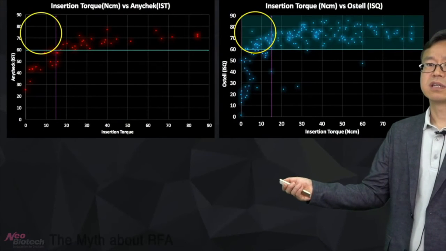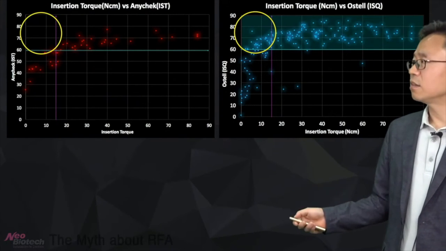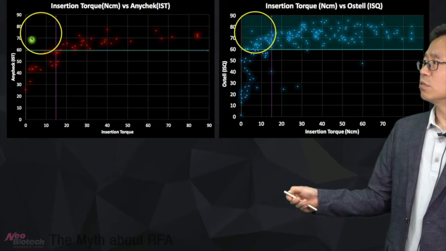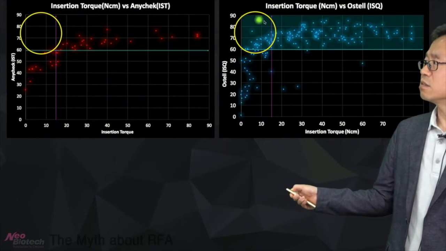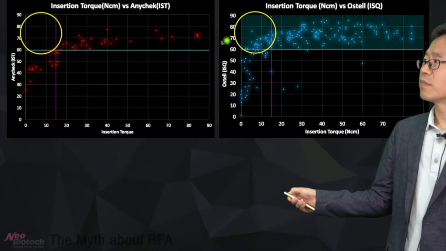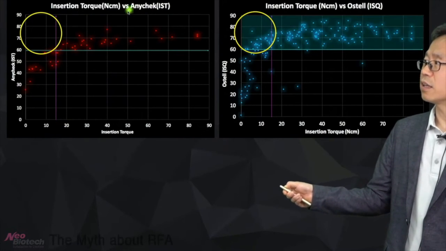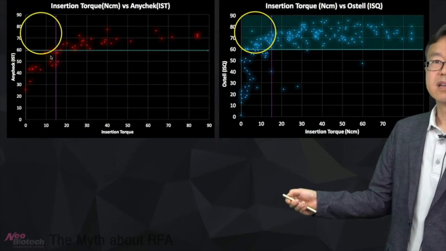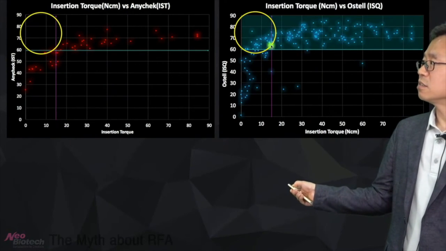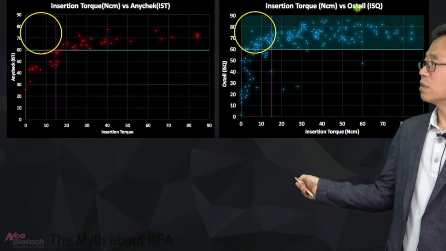Here's the difference. Let's take a look at these 2 circled areas. This is AnyCheck, this is Osstell. There are no dots with AnyCheck, but there are a lot of dots with Osstell.